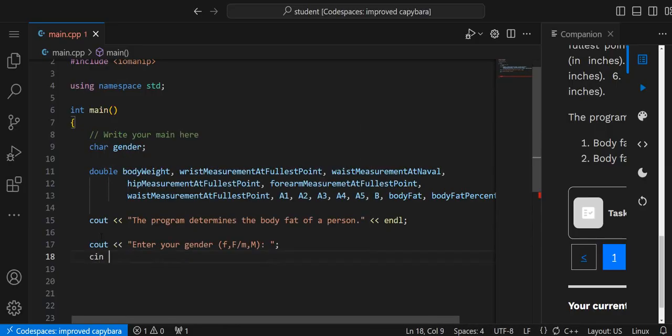And this one is going to be body weight.